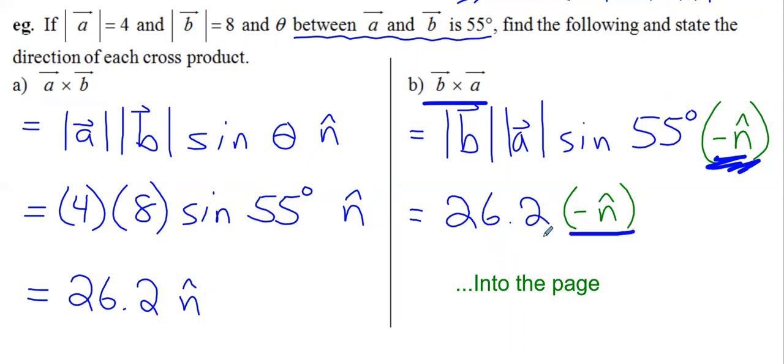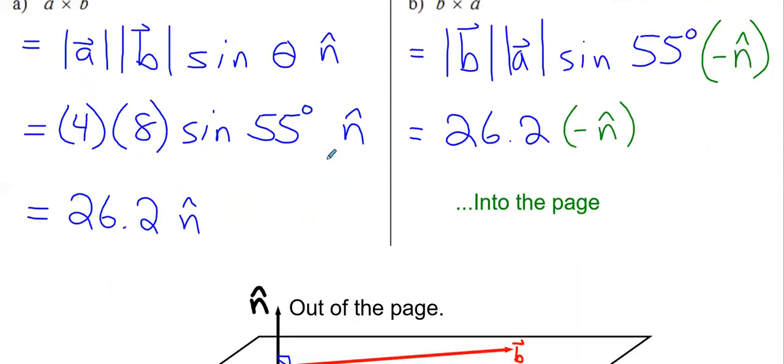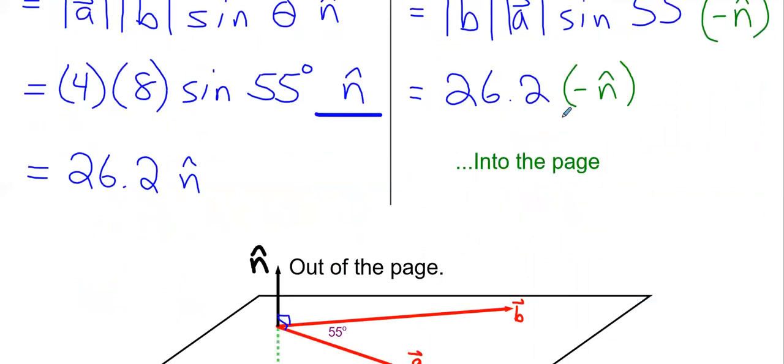Okay, so that's why it's important to note what's going on there. Sometimes textbook solutions will talk about going into the page and out of the page, and again, it is kind of a relative thing. But you can think of having the positive normal vector as being out of the page and negative as being into the page for consistency purposes.